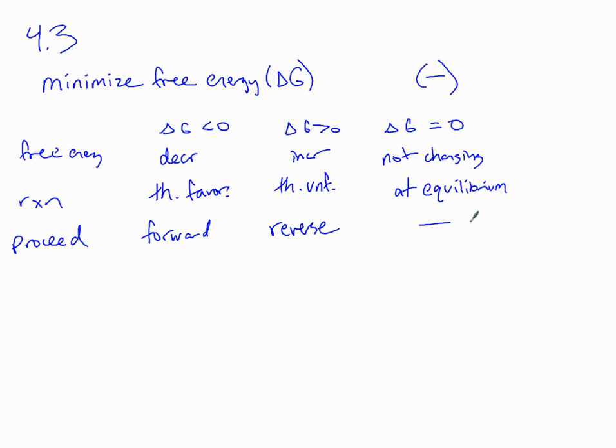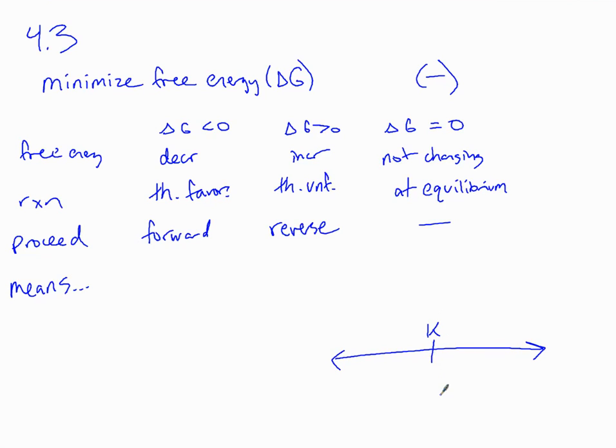Here is where we relate it to Q versus K. What does it mean? And a quick review on Q and K. I like to put them on a number line and not really assign them actual numbers, but let's say that this is K. This is where we're at equilibrium.